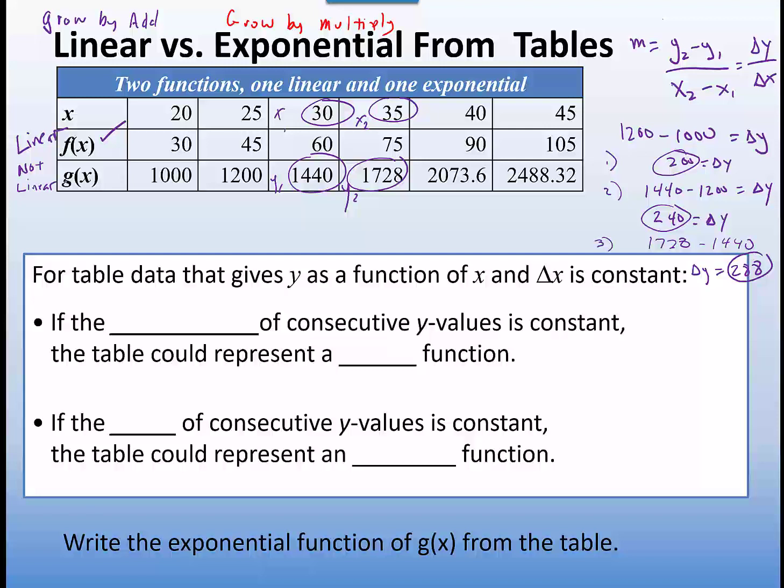Now that does not mean it's exponential though. So it might not be exponential either. How do we know if something is exponential? It grows by multiplying. It has to have a constant multiplier. So what I want to do now is look at the g numbers and see if there's a multiplier.